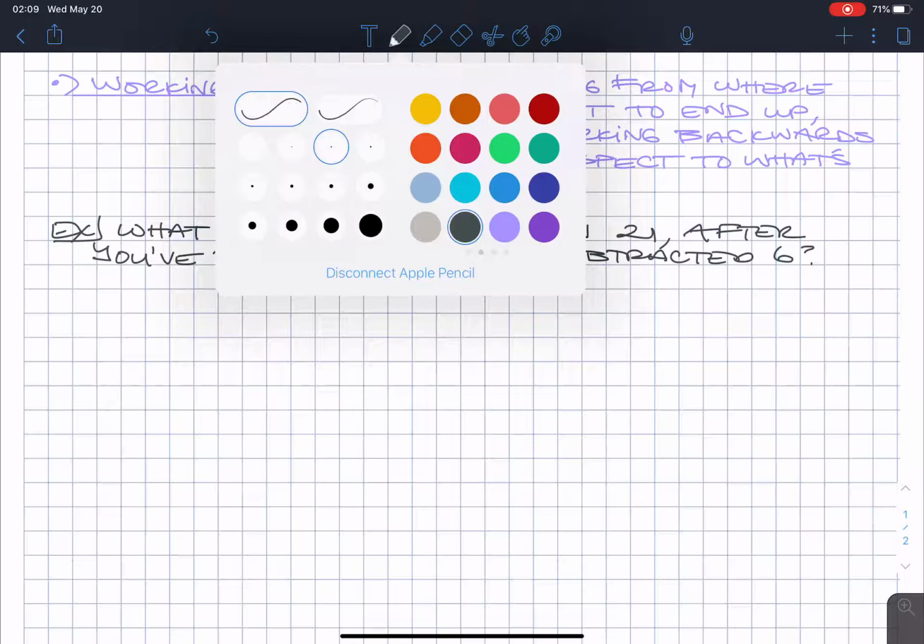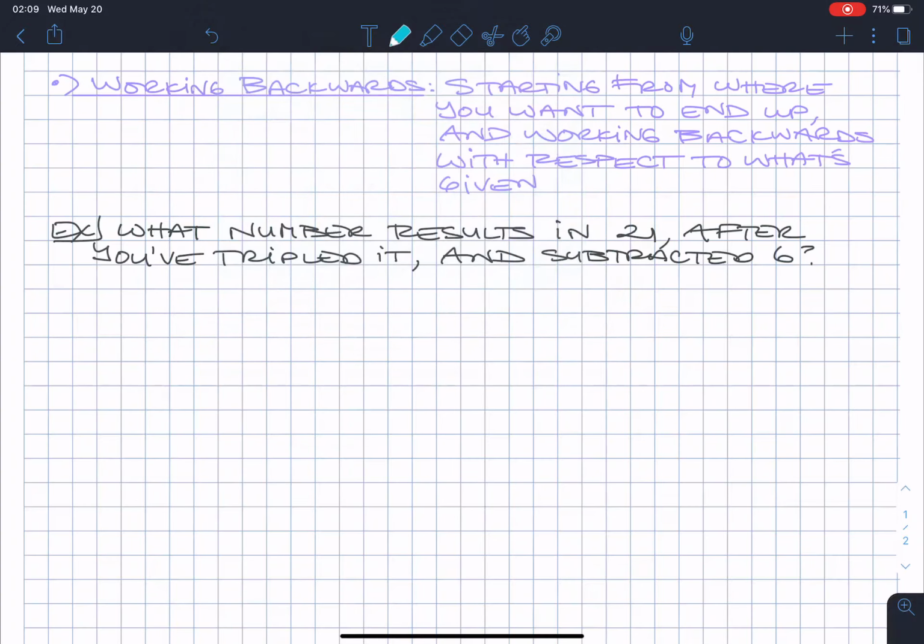Okay, so what's the end? Well, it results in 21. So the end result, that's where I end up, right? So I need to work backwards from there.